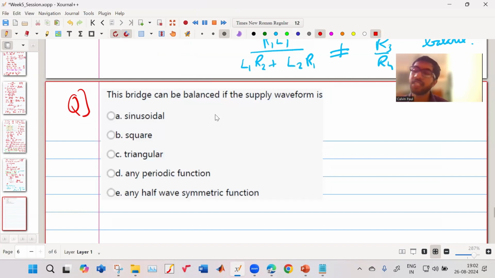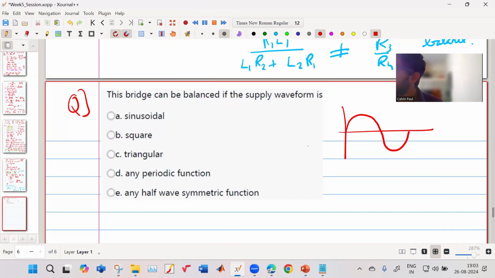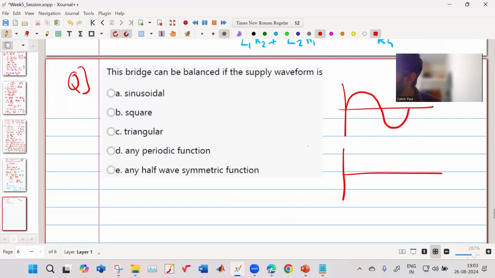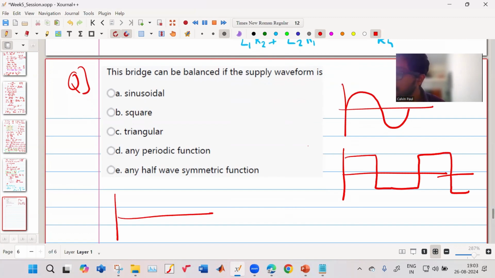If my supply waveform is sinusoidal, so how is the sinusoidal wave given? Like this. How is a square wave shown? Like this. Okay, so this is a square wave. How is a triangular wave? Like this. So can the bridge be balanced if the supply waveform is sinusoidal or square or triangular, any periodic function or any half symmetric function?